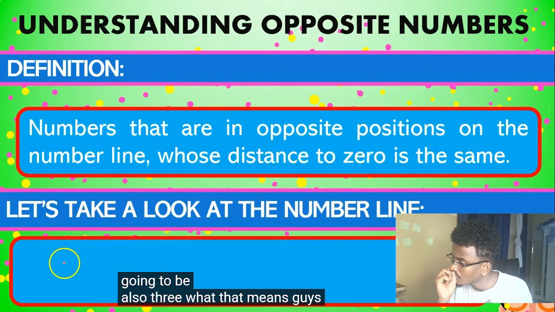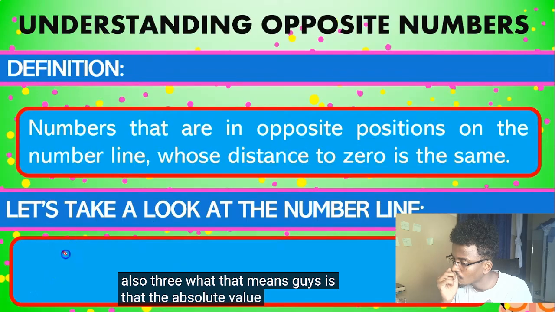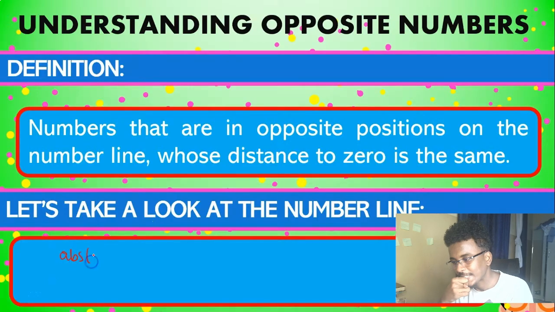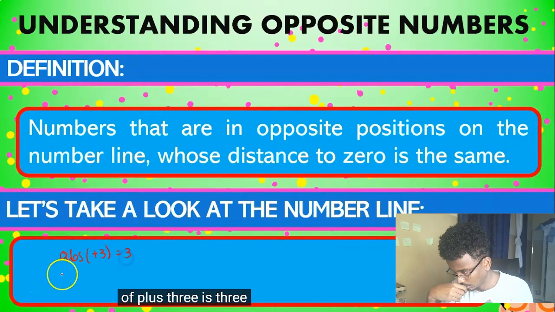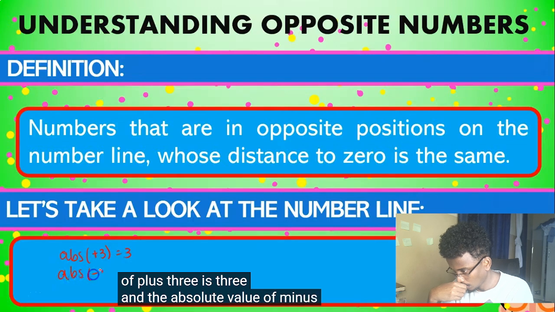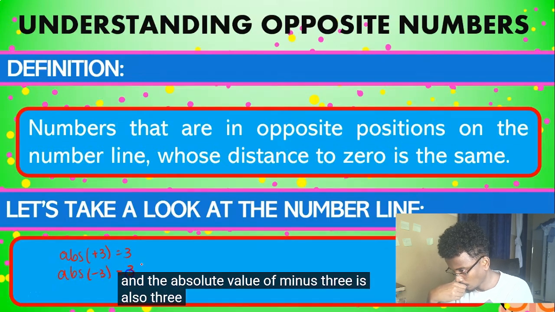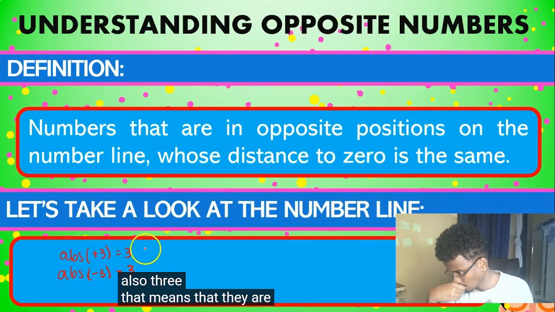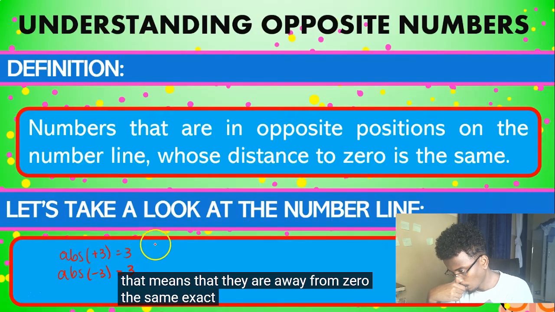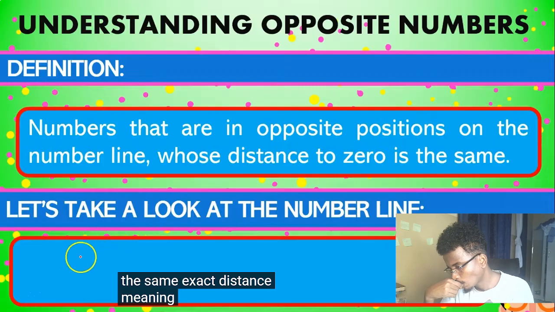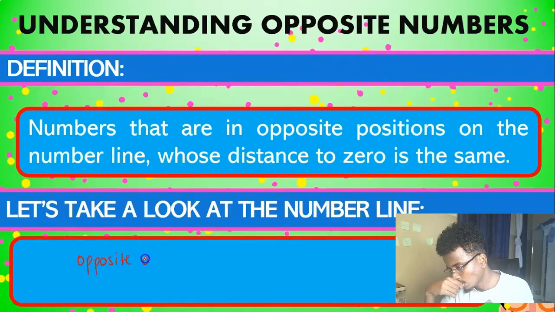What that means, guys, is that the absolute value of plus 3 is 3, and the absolute value of minus 3 is also 3. That means that they are away from 0 the same exact distance, meaning that the opposite value of 3 is minus 3.